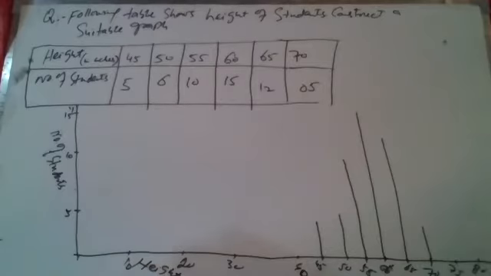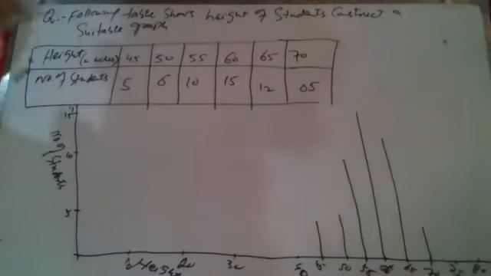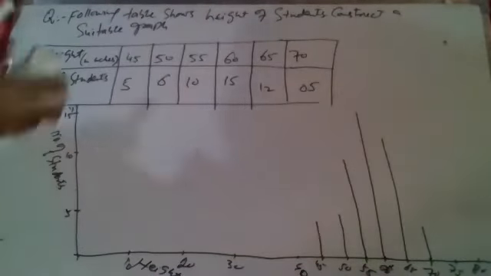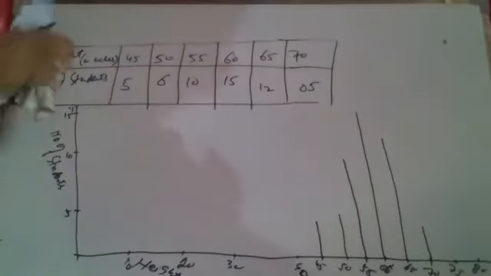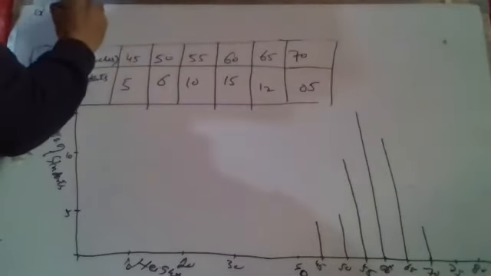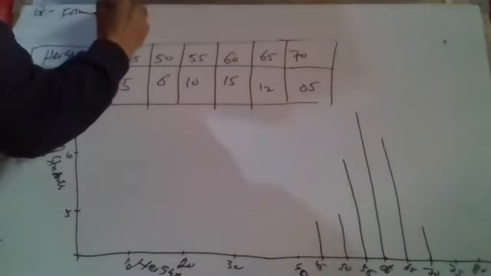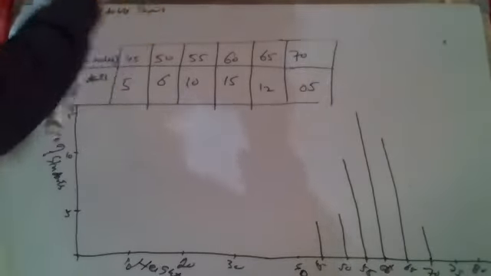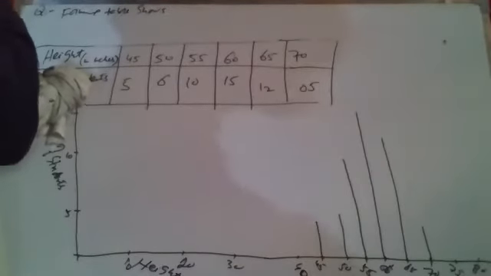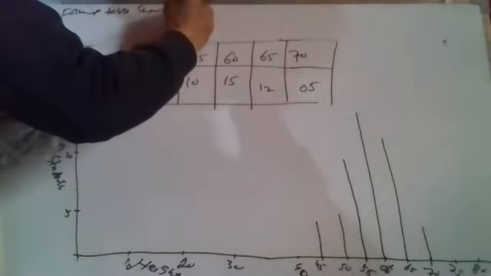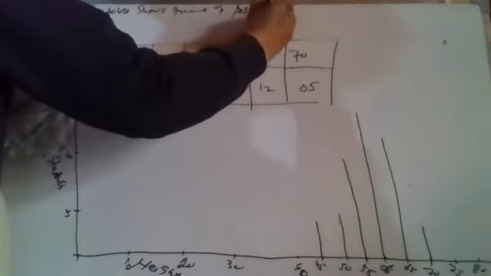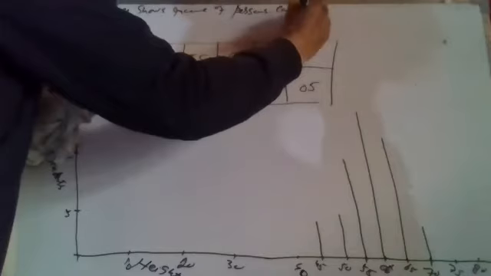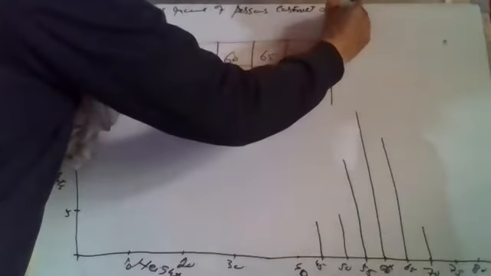Now I will give you an example to make, a sample example. Following table shows income of persons, construct a line frequency graph.